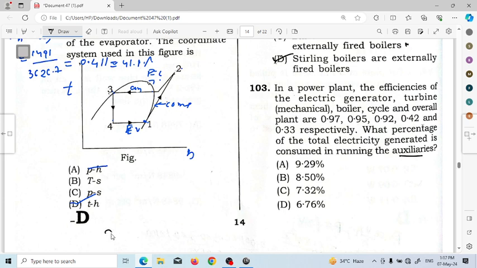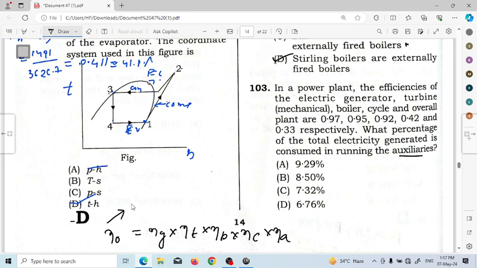The overall efficiency formula is equal to the efficiency of generator times efficiency of turbine, times efficiency of boiler, times efficiency of cycle, times efficiency of auxiliary.